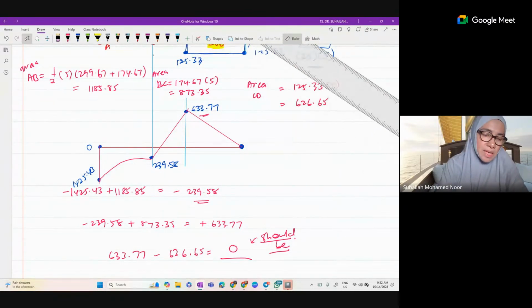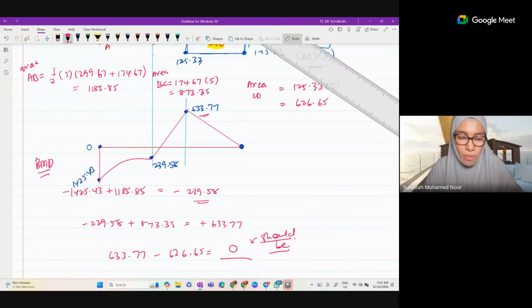So this is the bending moment diagram. Bending moment diagram. So below is negative, above is positive.